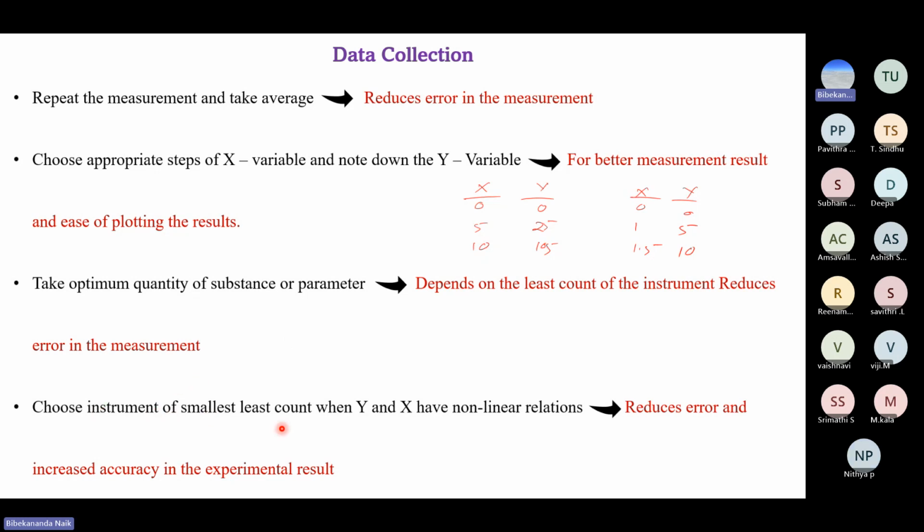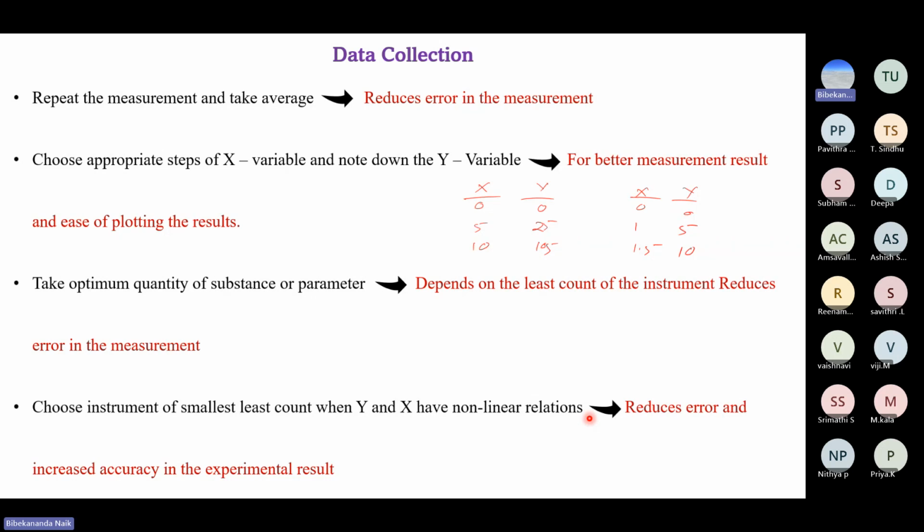Then choose the instrument of smallest least count when x and y have non-linear relations. Because when we are performing an experiment and the two quantities vary non-linearly, for example, y is varying directly proportional to x to the power q.